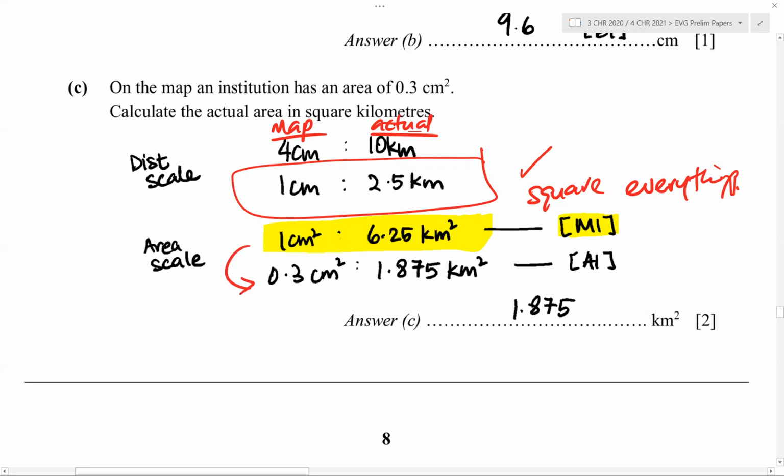Divide by what? Divide by 10 times 3. Okay, correct. How about you just say times 0.3? Just times 0.3 times 0.3 to get the answer.